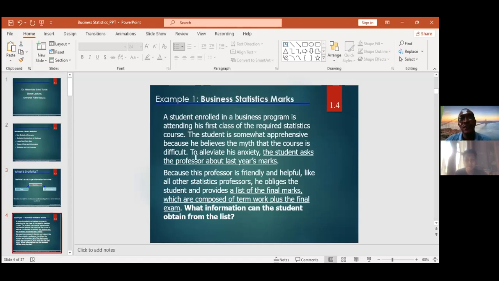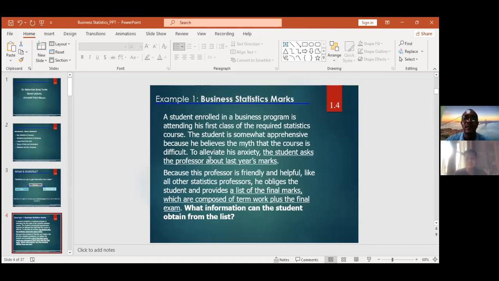All right, so let's look at business statistics marks as an example of data. So let's read this scenario. A student enrolled in a business program is attending his first class of the required statistics course. The student is somewhat apprehensive because he believes that the course is difficult.